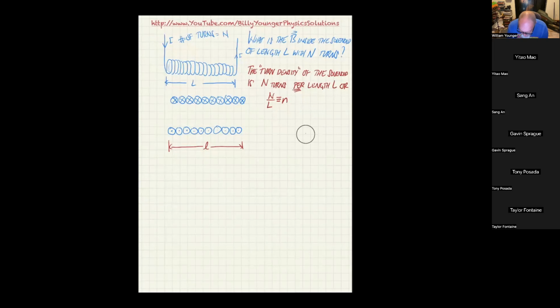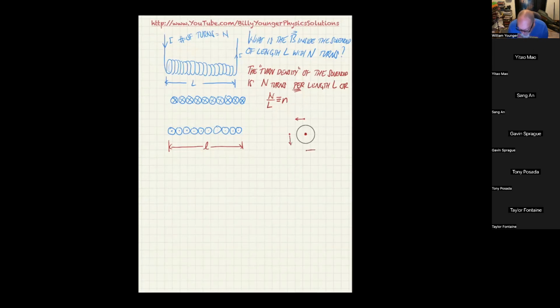So what I want to do is imagine this little circle of wire. And again, taking the idea that our right hand has our thumb pointing out towards us, that's what that little dot in the middle means, right? That means right here, the magnetic field will point this way. Right here, the magnetic field will point this way.